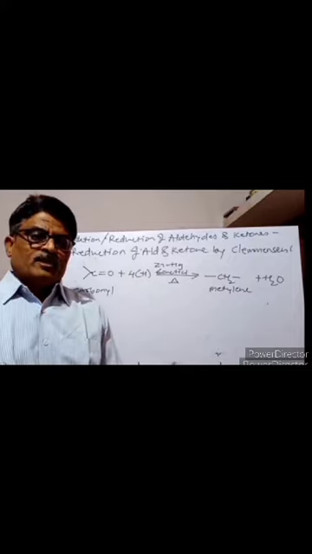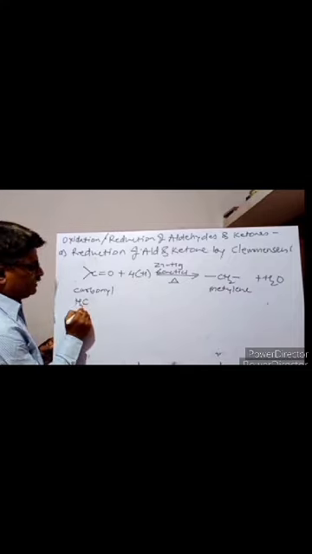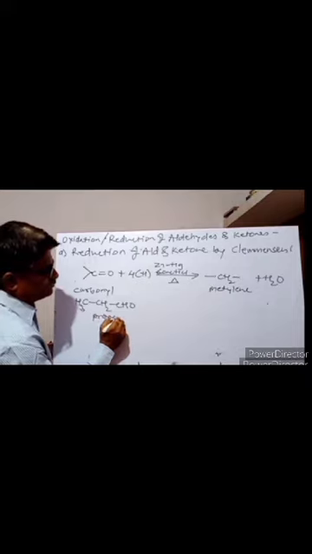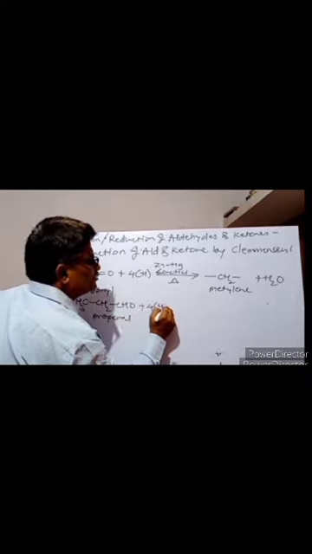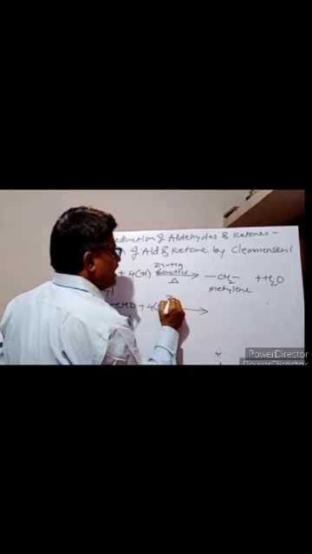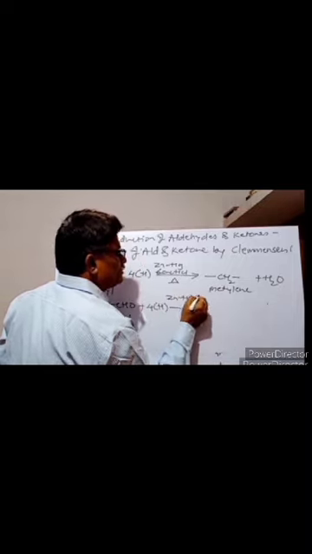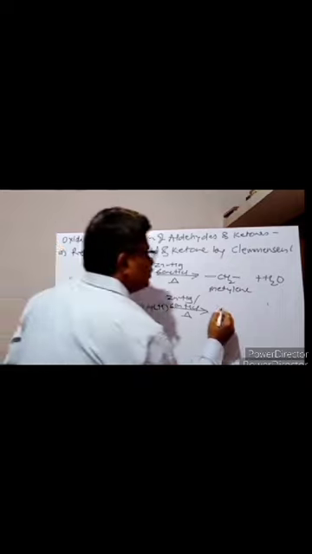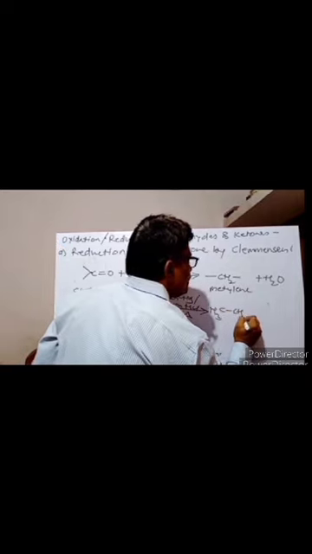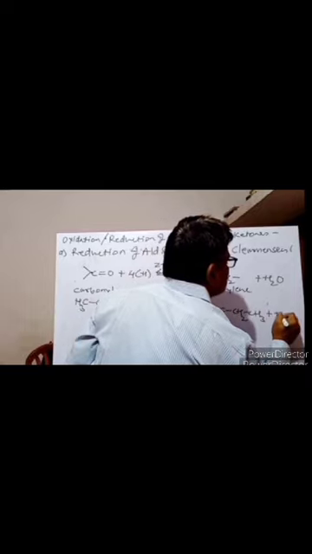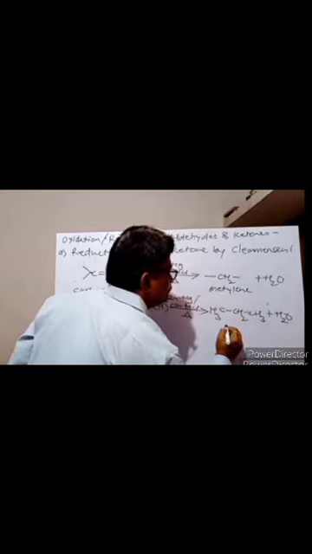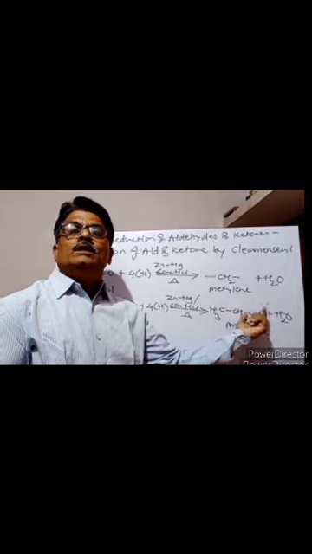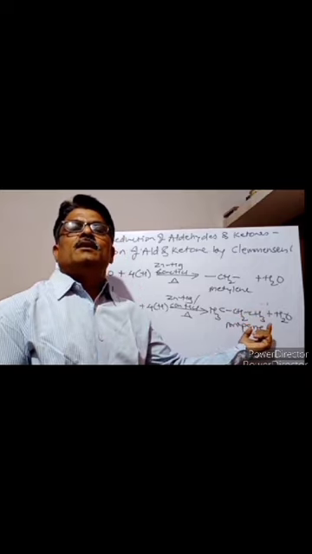If here is our aldehyde CH3CH2CHO, this is propanal. On reduction with nascent hydrogen liberated by zinc amalgam with concentrated hydrochloric acid, it is converted into CH3CH2CH3, that is propane, an alkane.